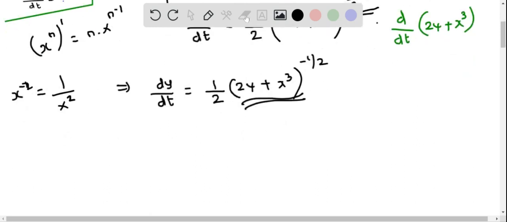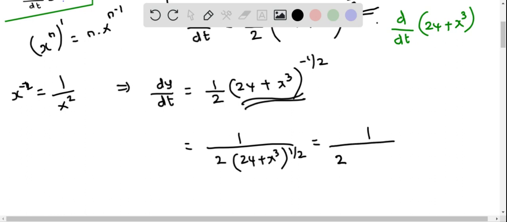So if that is the case, I'm going to rewrite this expression as 1/2 times (24 plus x cubed) raised to the power of positive 1/2. In fact, we can rewrite this in radical form, that is, in square root form.